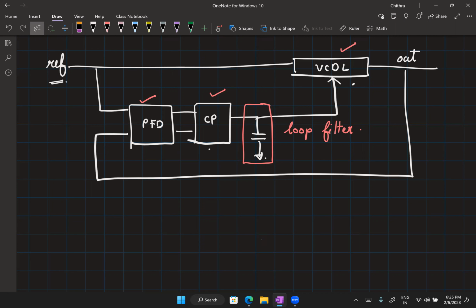Is it continuous or discrete with respect to time? It should be continuous. Why?